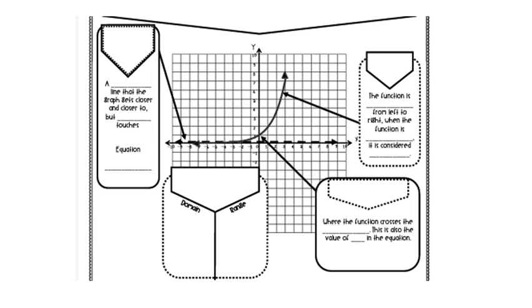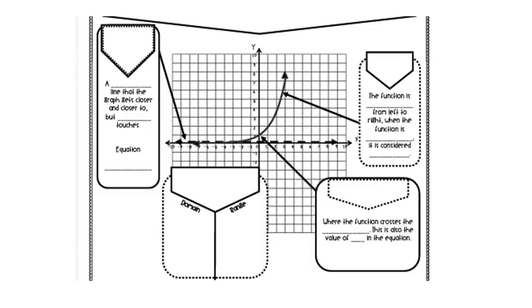When the function is increasing, it is considered growth. Now, if you're wondering what a decay problem would look like, a decay problem would cross at 1 on the y-axis, but it would come down like that. This would be a decay.